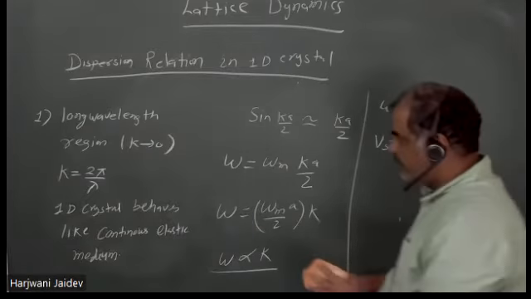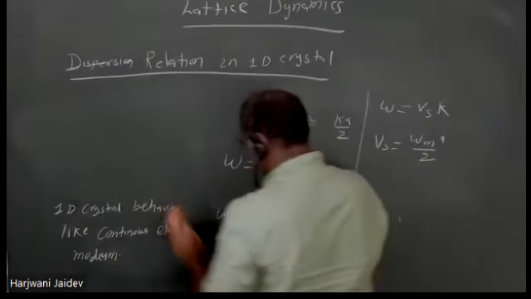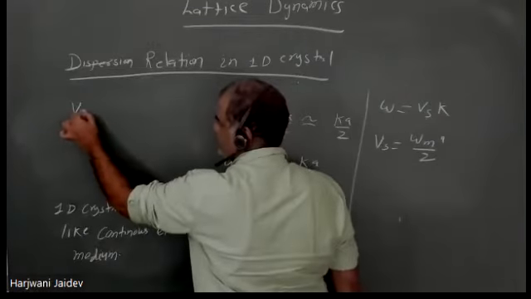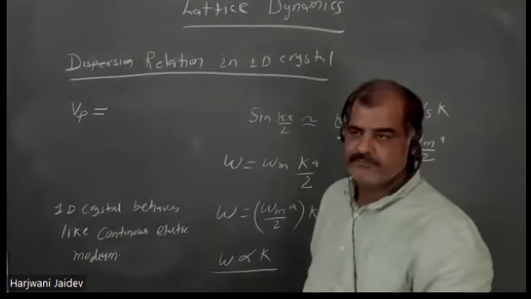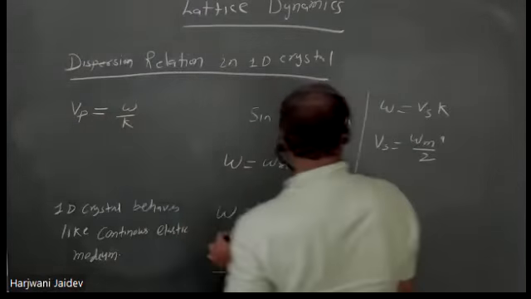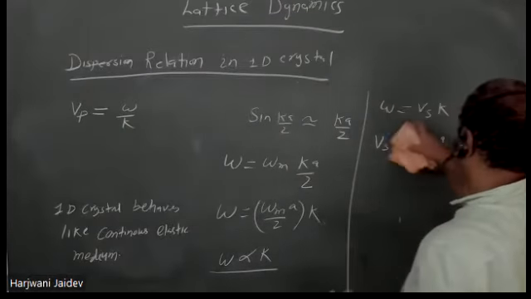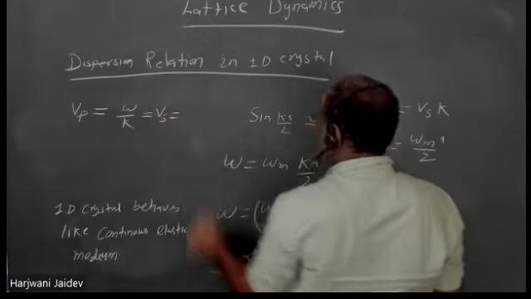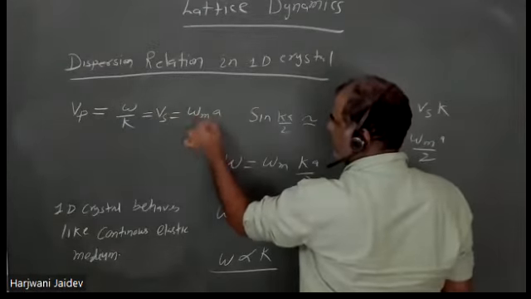Now let us calculate phase velocity and group velocity. What is the phase velocity? कैसे डिफाइन होती है phase velocity? Omega by k. So this is my phase velocity. From this expression, if I calculate omega by k, that will become vs, or vm a by 2.